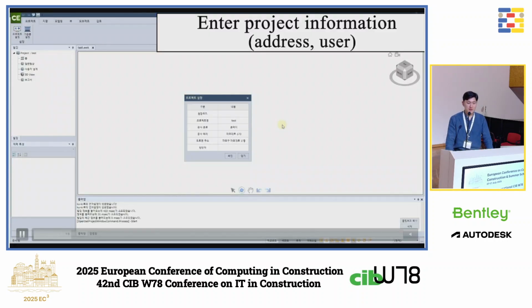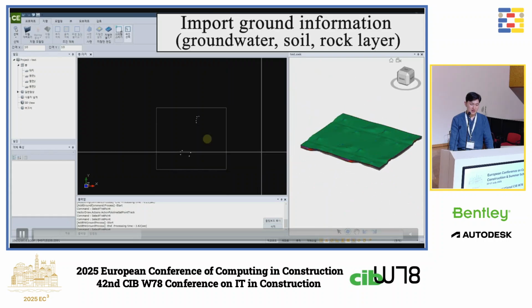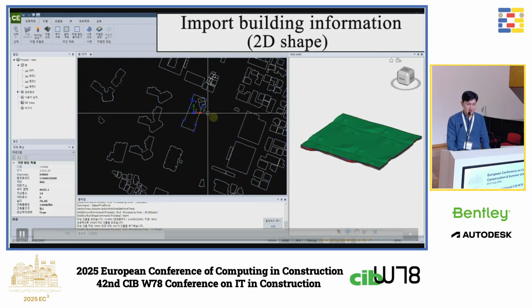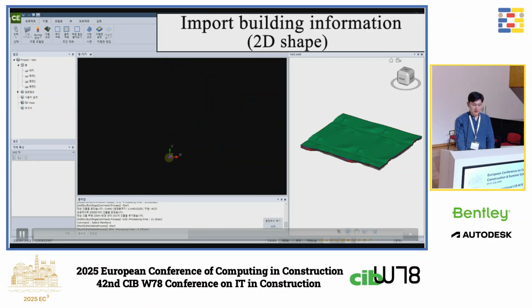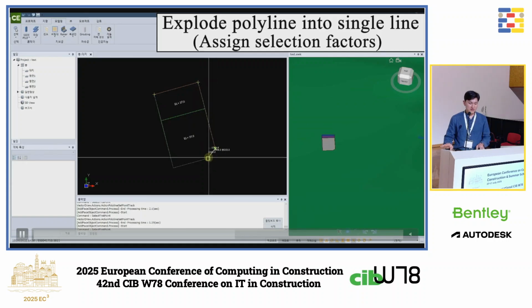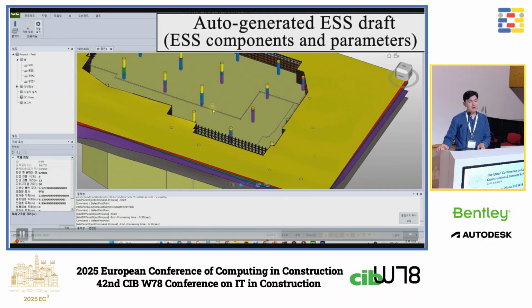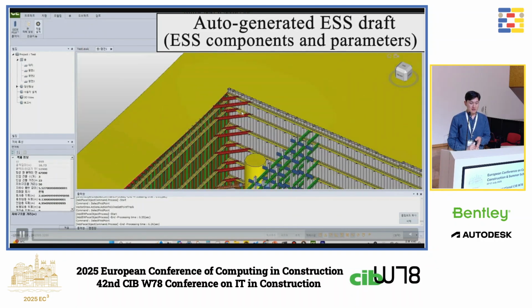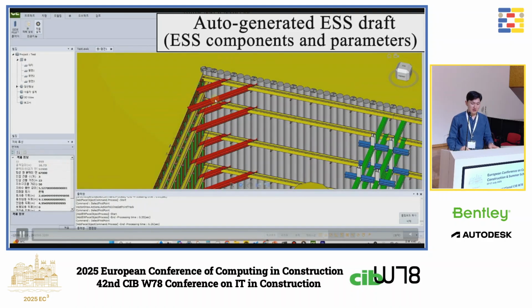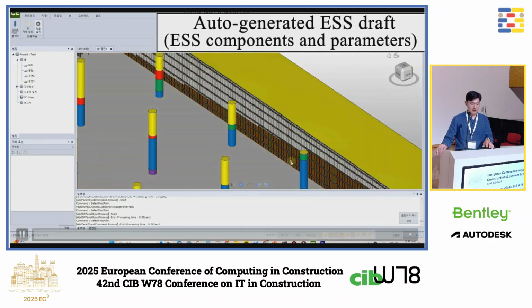This is a demonstration video showing the recommendation model integrated into an ESS design tool to generate ESS design alternatives. The user begins by entering the project address and placing the excavation footprint on the site. If selection factors such as ground information or building information exist, then they are assigned to each excavation site automatically.